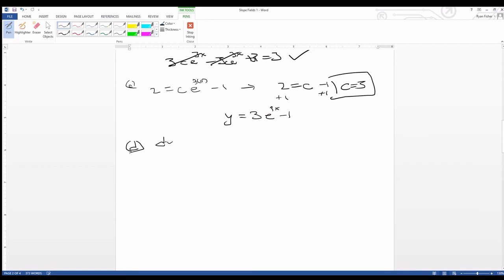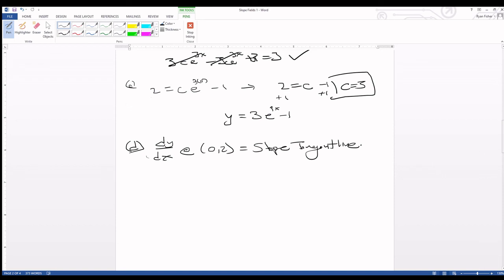If I could find what dy/dx is at (0, 2), that would be the slope of this tangent line. My handwriting is particularly bad, but I hope we can figure this out. How do we find the derivative?